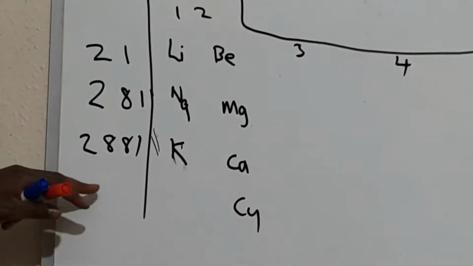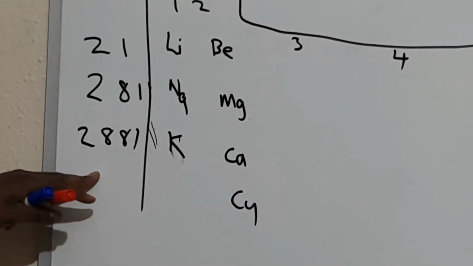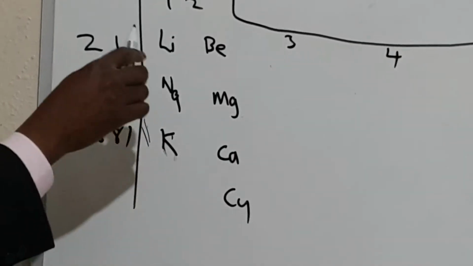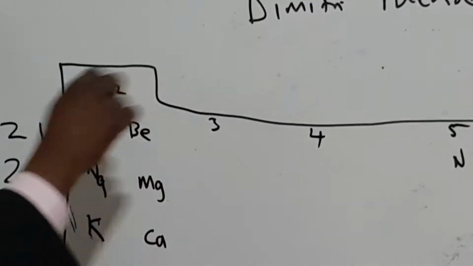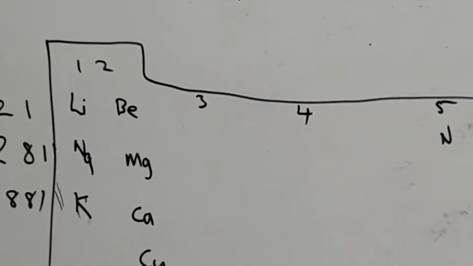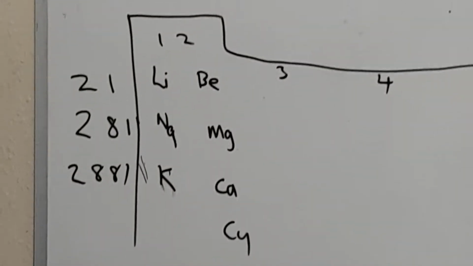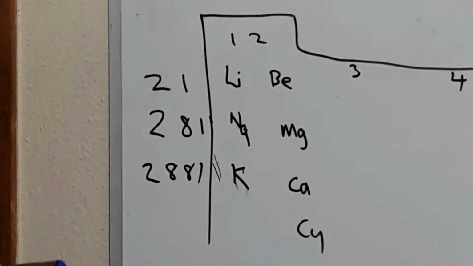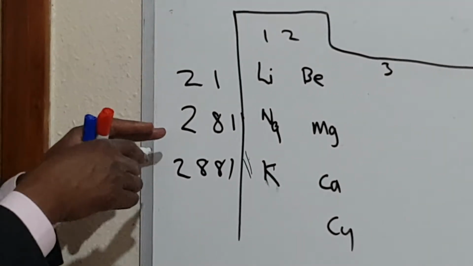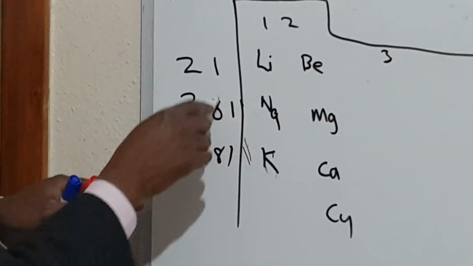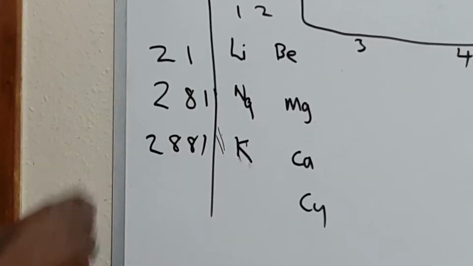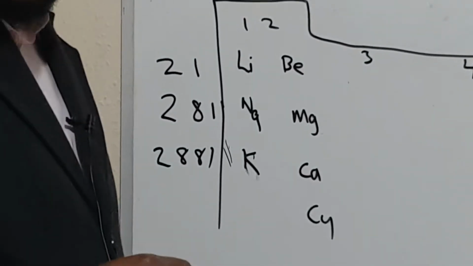I'm demonstrating to you what he realized at an early age: that if you count the elements, 1, 2, 3, 4, 5, 6, the 8th one will come around again. He didn't discover electrons, protons, or neutrons, but he realized that lithium and sodium have similar characteristics.